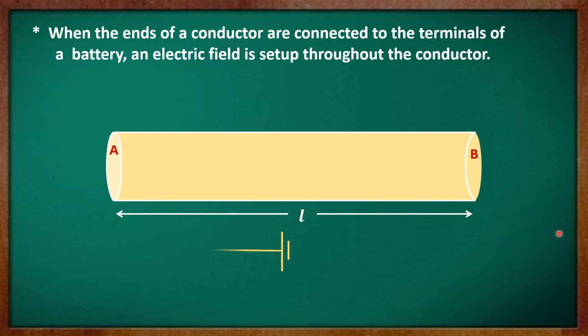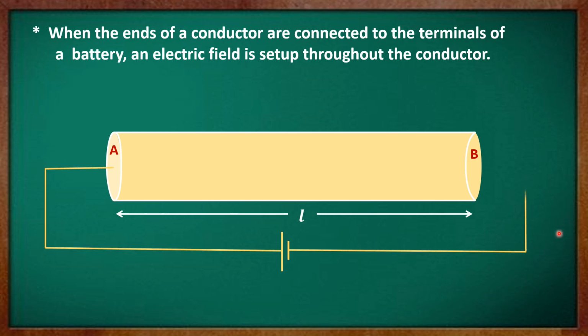That's how an electric field has been set up, and the direction of the electric field is from the positive to the negative terminal of the battery. It is from A to B.